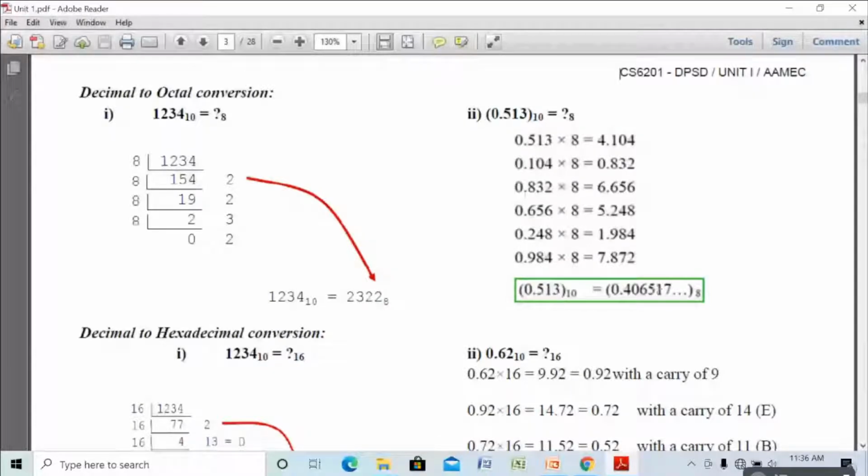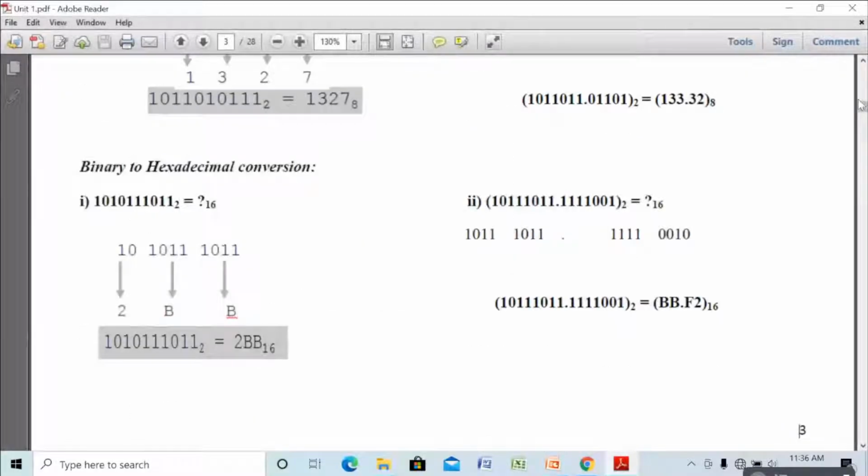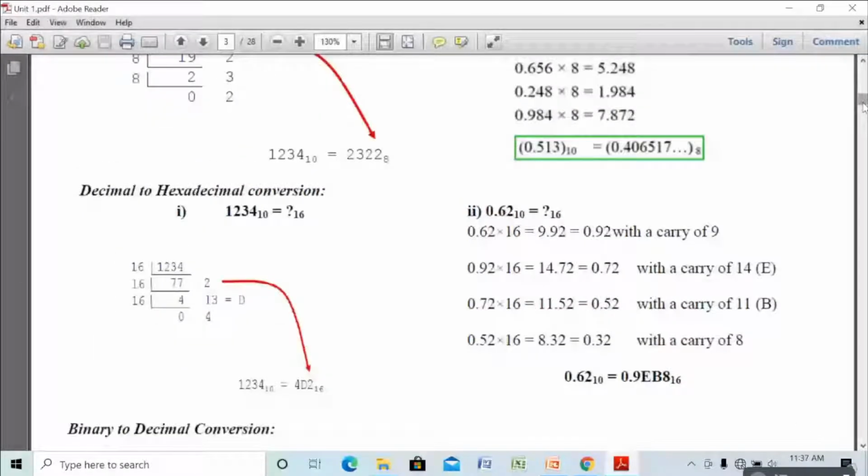Then we will move on to decimal to hexadecimal conversion. In the same way, we have to do division for the integer part and multiplication for the fraction part. Hexadecimal means its base is 16. Here we have to divide the number by 16.